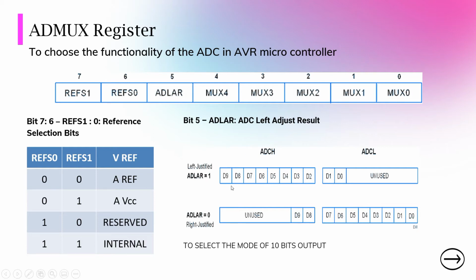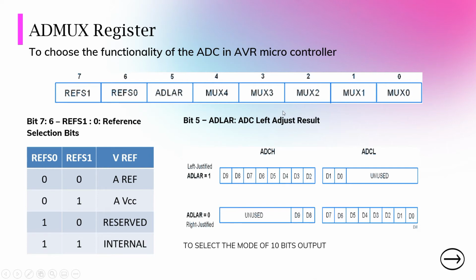As you can see, in the left justified manner, it will solely use the 8 bits of ADCH and 2 bits of ADCL, and when it is right justified, it solely uses the ADCL and 2 bits of ADCH. So it is up to you to choose whether it needs to be left justified or right justified to store the data.